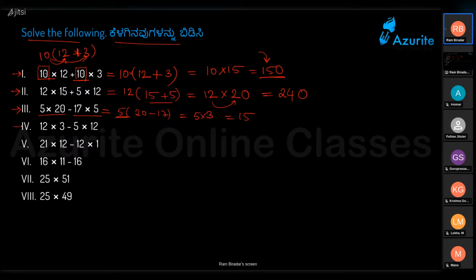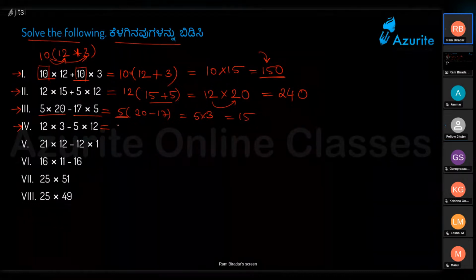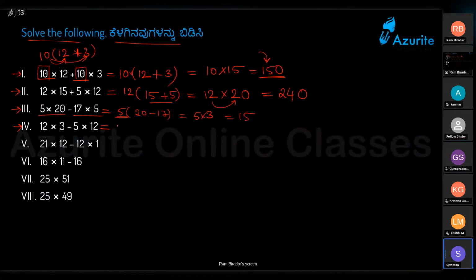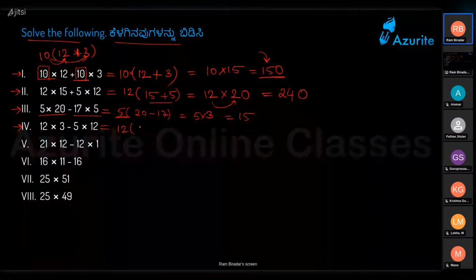Okay, roll number 5. Yes, sir. How to do this? 12 into 3 minus 5. What is common here? 12, brackets. 3 minus 5.